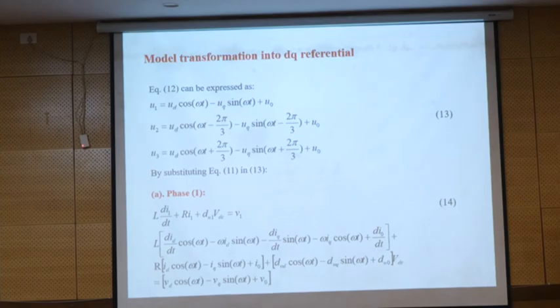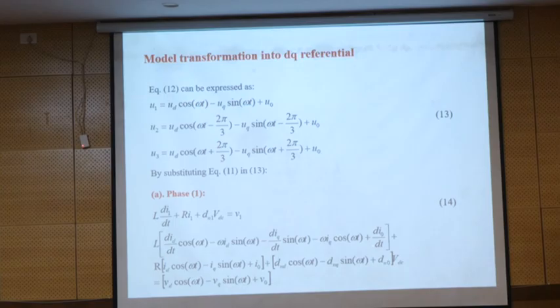For example, for di/dt, we get the derivative of this equation and replace u with I. So di/dt will be did/dt cosine omega t minus omega id sine omega t for the first part. For the second part, diq/dt sine omega t minus omega iq cosine omega t. And for the third part, di0/dt.